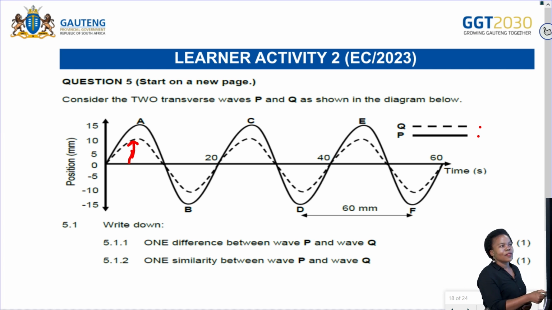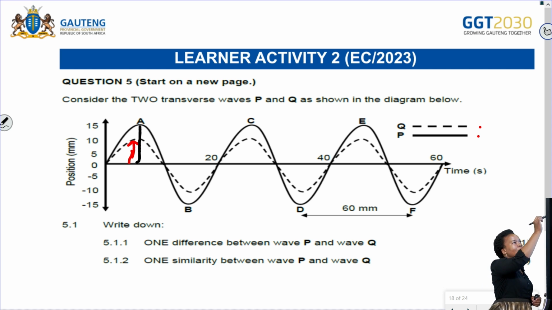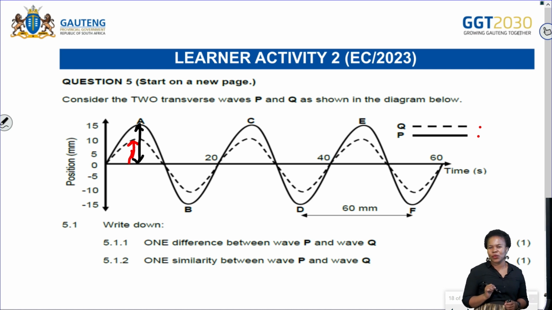However, the amplitude for wave P, which is the solid line, is a bit higher than that of Q. So the displacements are not the same. Voila, you've spotted one difference. The difference between P and Q is therefore their amplitude. They have different amplitudes.